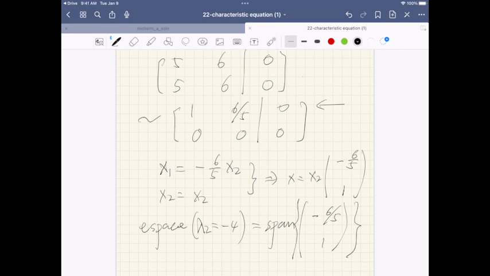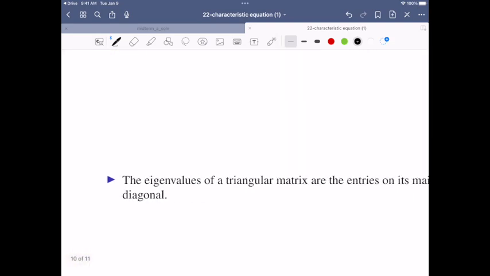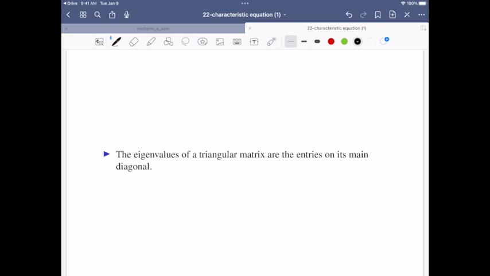I will put brackets. So this is the end. We have two eigenspaces. This is one eigenspace corresponding to -4. The other one is this, corresponding to 7.